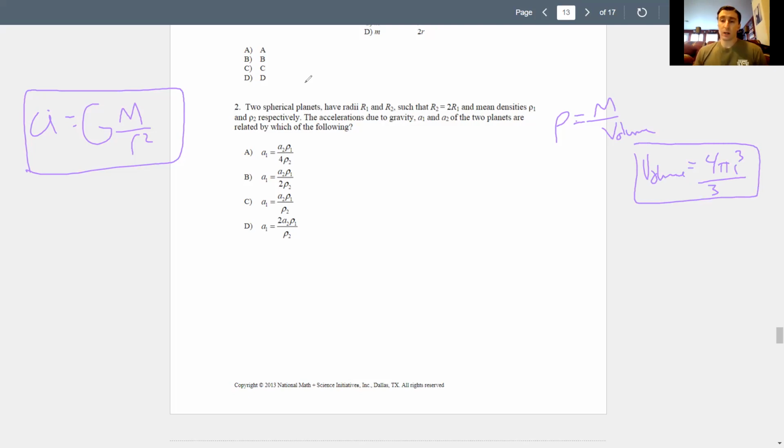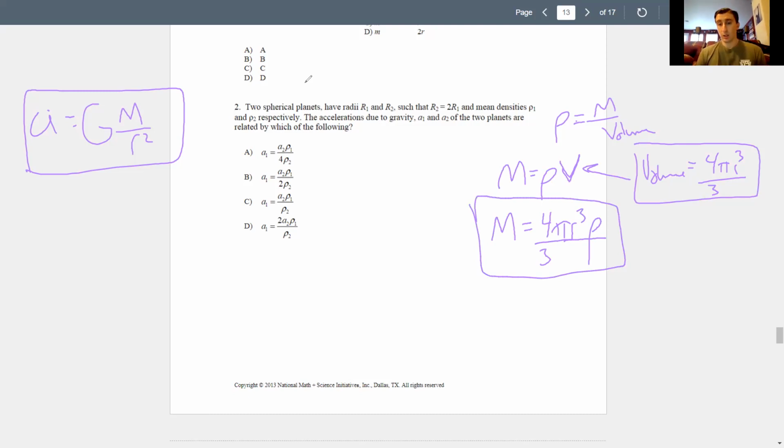So I want to get this equation to say mass equals, so I can plug it into the acceleration equation here. So I'm going to get mass equals rho times volume. And then if I plug that in, I'm going to get mass equals 4/3 pi r cubed times rho.